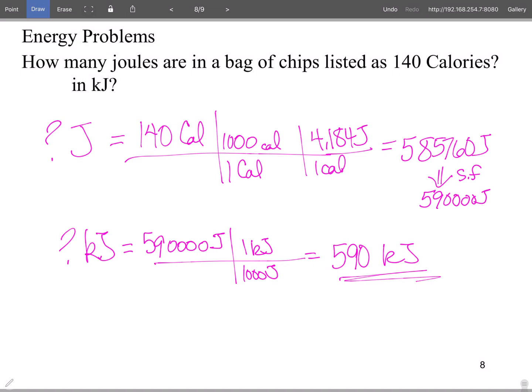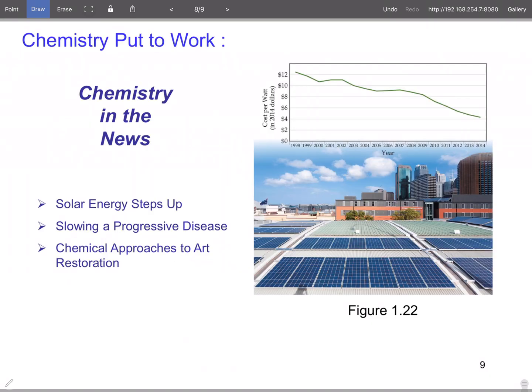Okay. Now, remember when you're doing this in this form, and this is called dimensional analysis, everything on the top is multiplied, everything on the bottom is divided. And you can do it all across, or you can do it one at a time. More about that as we go. So that would be the conversion between joules and kilojoules.